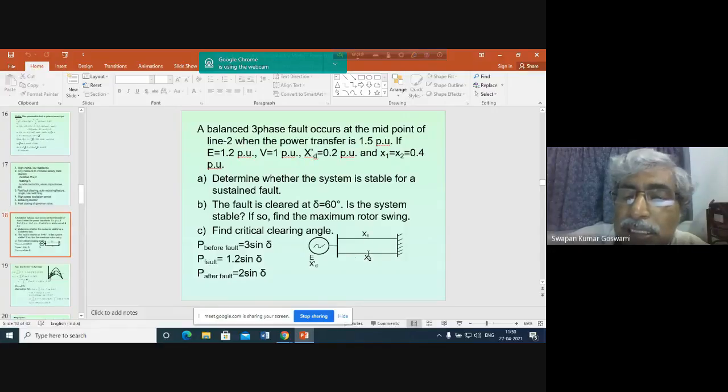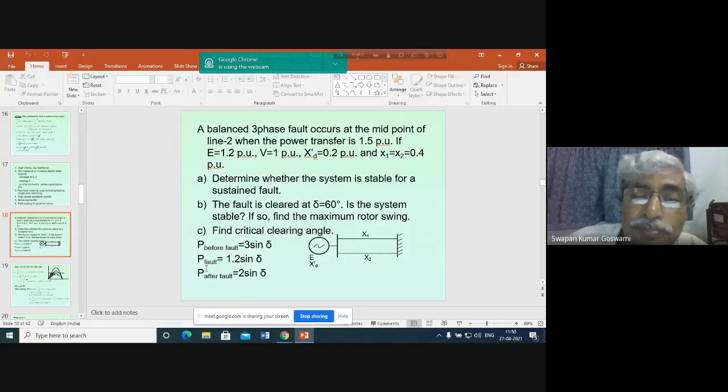They are in series, and here voltage is E 1.2 per unit. Here voltage is 1 per unit, so 1.2 into 1 by X, total reactance, summation of this reactance and parallel combination of this reactance. Okay, that becomes 3. Okay, P maximum becomes 3 under the normal operating condition. Okay, so P before fault is therefore 3 sine delta.